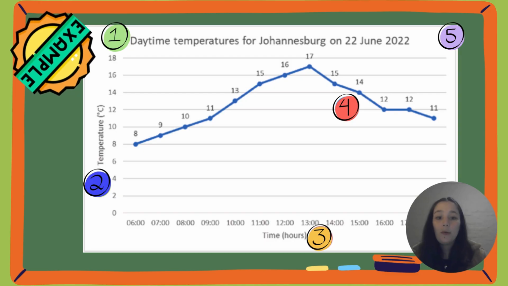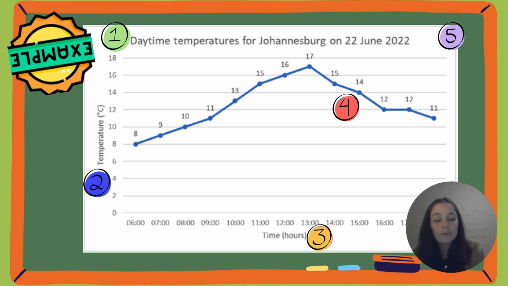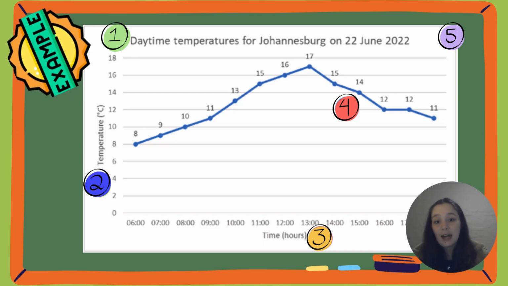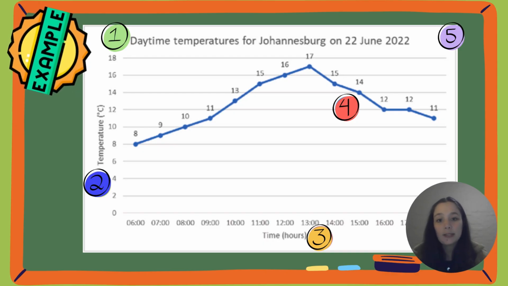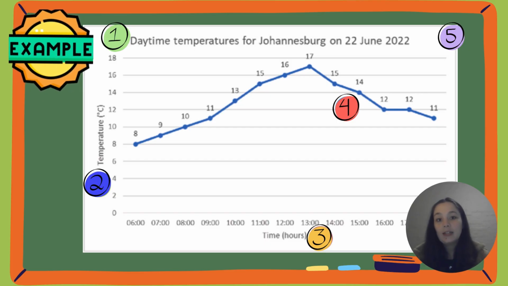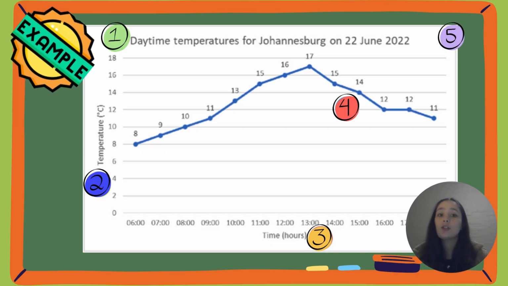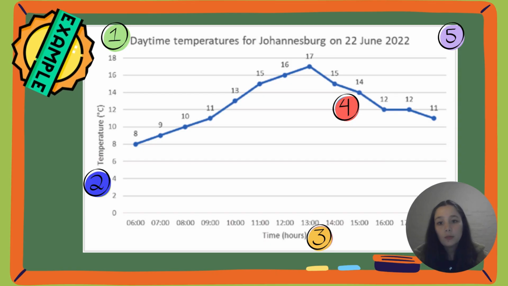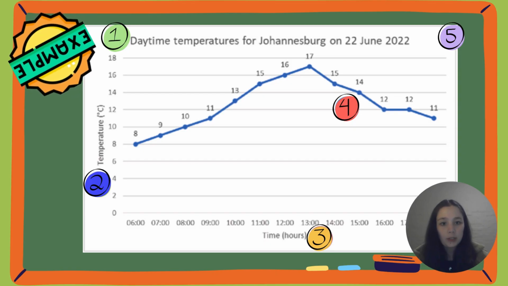Then number 3, we must look at the key. In this example, there isn't a specific key, but they're telling us that the time is measured in hours and the temperature in degrees. Then in number 4, we must look at extremes. So what is the lowest in the graph, which would be the first point that's plotted?